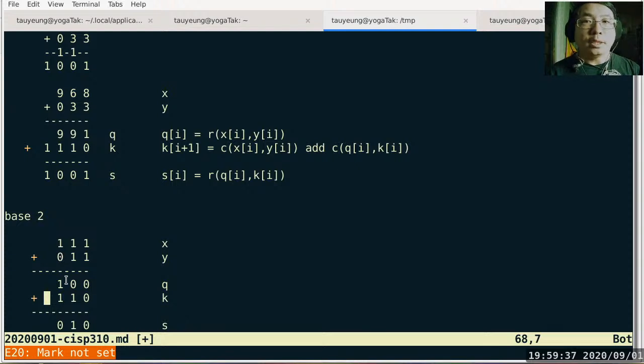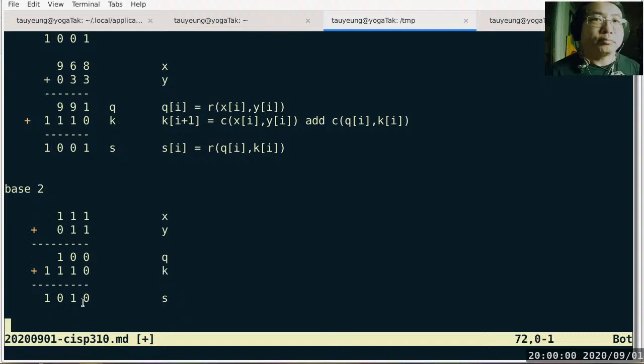But when we look at q2, k2, that will give us a carry of 1, because the carry of q2, k2 is one of the components that can contribute to K3 in this case. So K3 in this case, in the base 2 example, is also a 1. So we end up with a 1 over here in the sum.